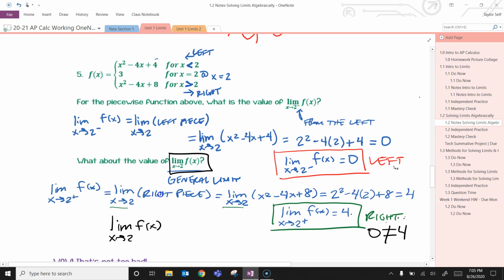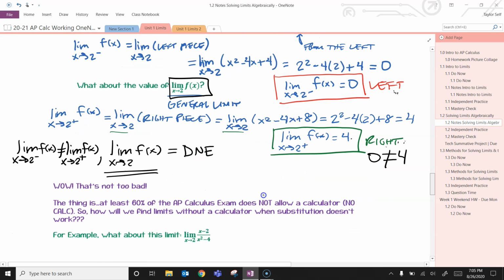So we would say, since the limit as x approaches 2 from the left of f of x does not equal the limit as x approaches 2 from the right of f of x, the limit as x approaches 2 does not exist. The general limit does not exist.